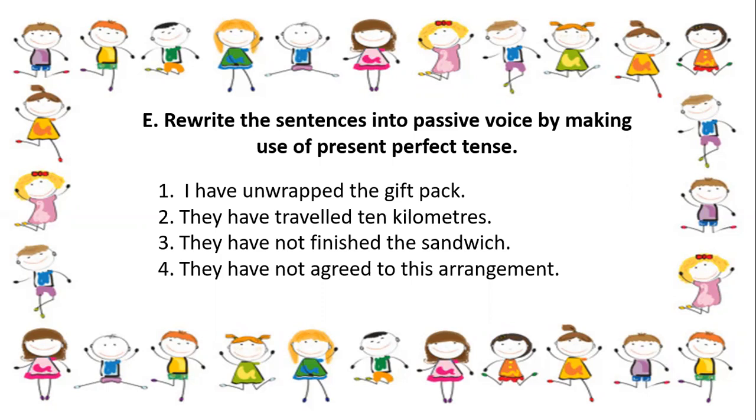Okay. So I'm going to be telling you the answers. Rewrite the sentences into passive voice by making use of the present perfect tense. Now we are also using the tenses this time. All right. Let's begin.